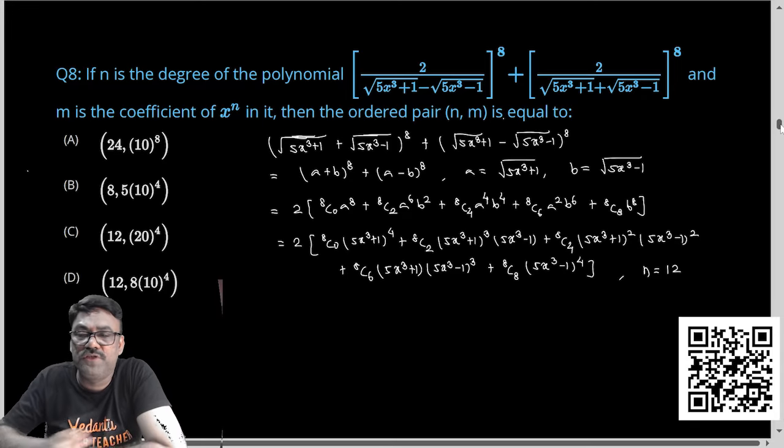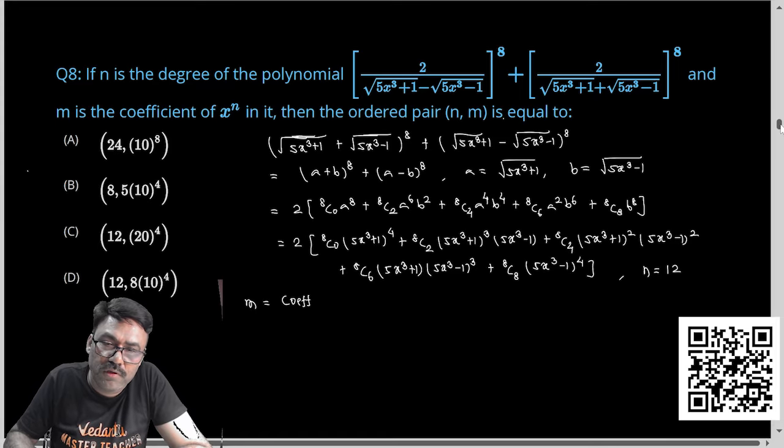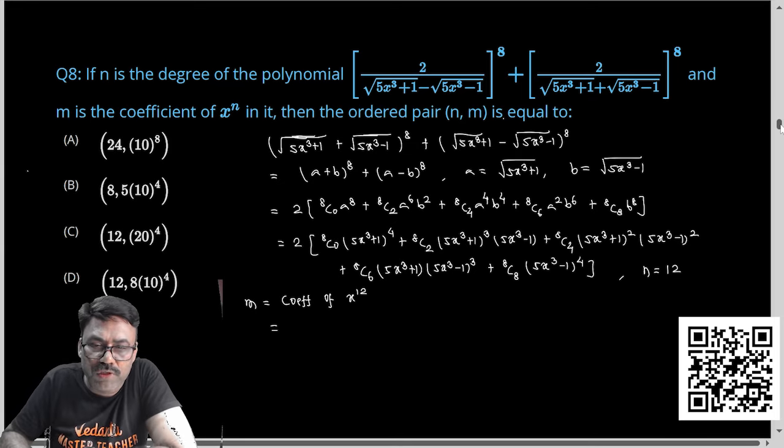Now they are asking the coefficient of x raised to n, that is m. M is the coefficient of x raised to n, and n is 12. So let's take the coefficient of x raised to 12. So I will get 2 times, with 8c0, for x raised to 12, I will get 5 raised to 4 here.